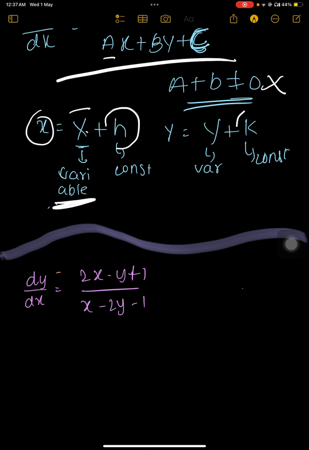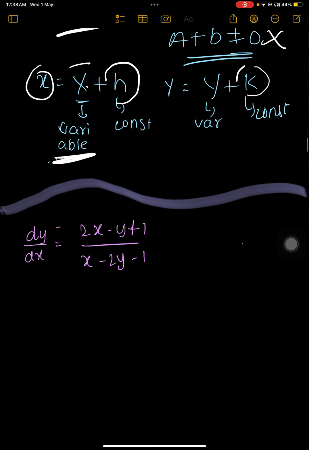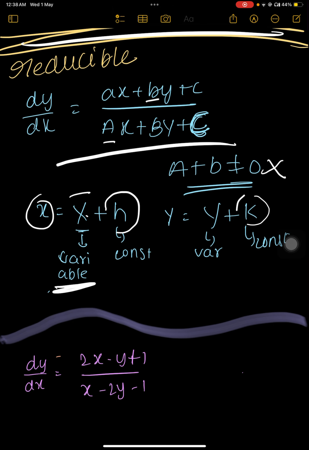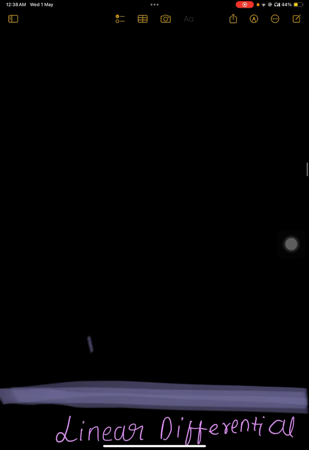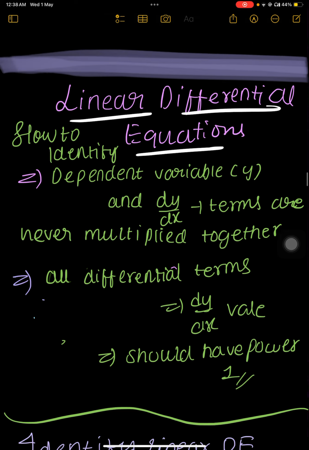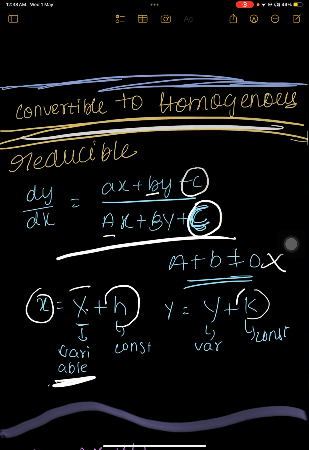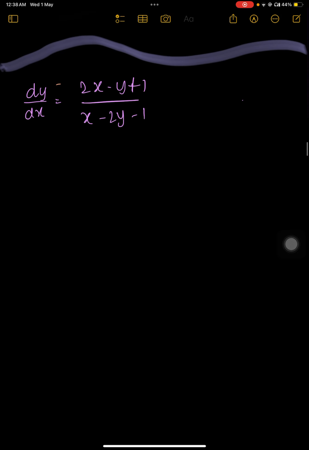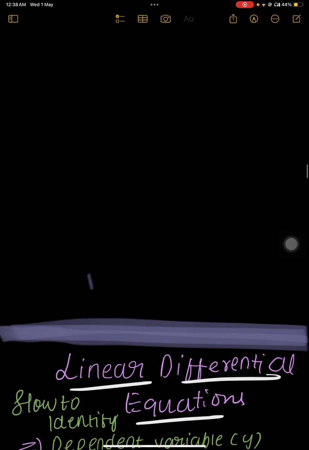We choose the constants in such a way that this c is eliminated, so we can easily solve the differential equation. I will be making a separate video on how to solve convertible to homogeneous reducible equations, so stay tuned for that. This example will be solved there.